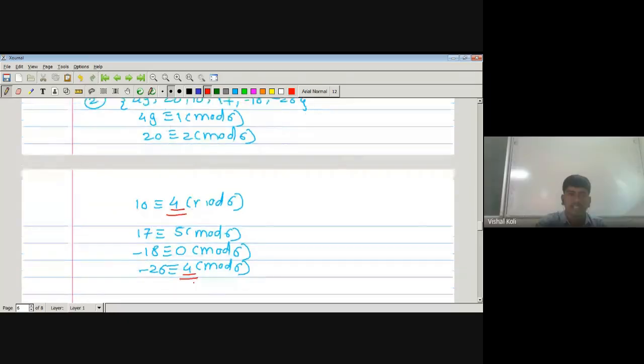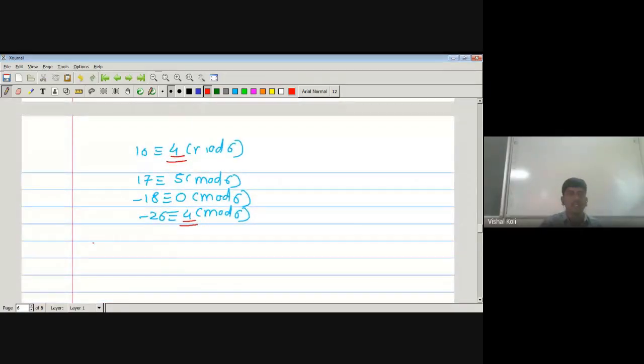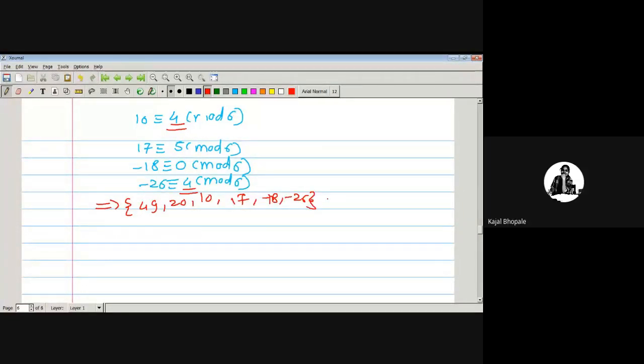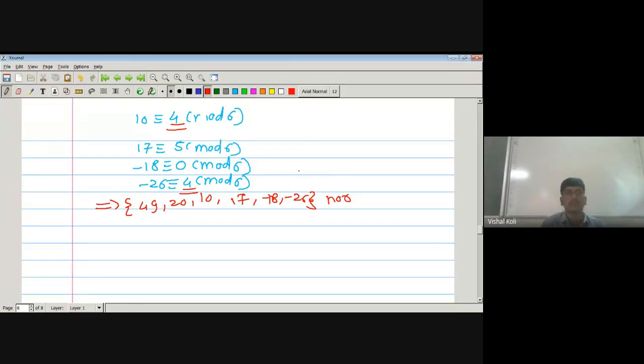As the remainders are the same, the set which contains the elements 49, 20, 10, 17, minus 18, and minus 26 does not form a complete residue system modulo 6.